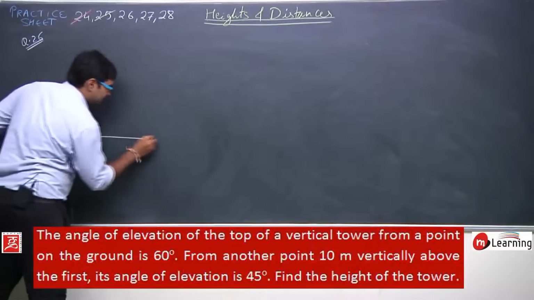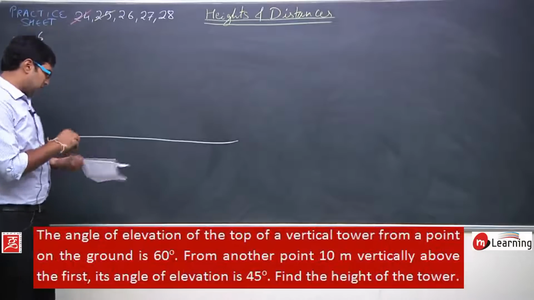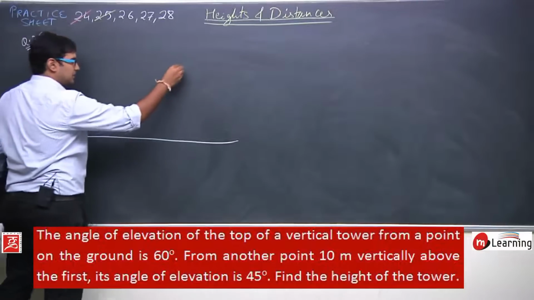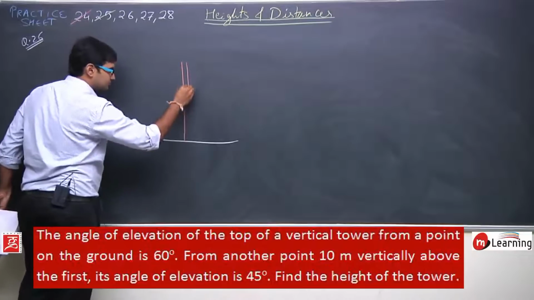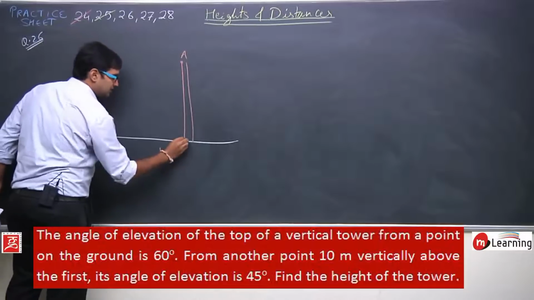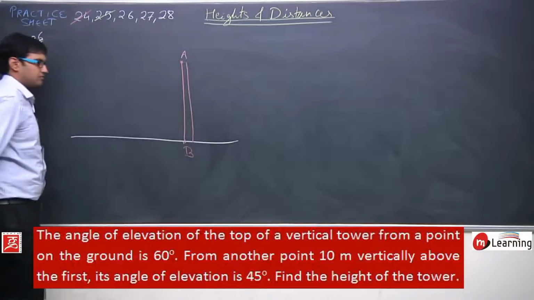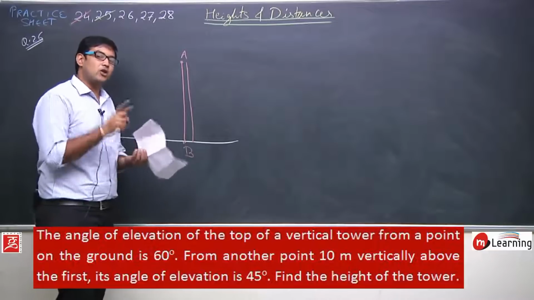What it says is, this is the horizontal plane, on this horizontal plane there is a tower like this. Let us say this AB represents the tower, and the angle of elevation of this tower from a point on the ground.